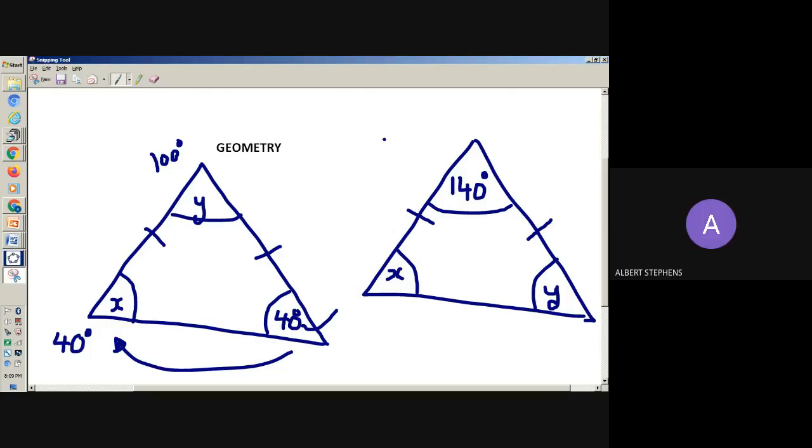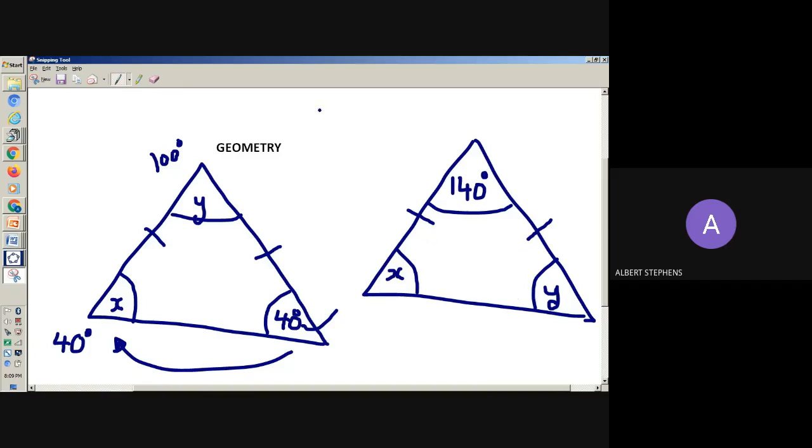Right. Yes. The reason why you divide by 2 is because they tell us it's an isosceles. So what you notice in this triangle is they give one angle and you find the other two. But because it's an isosceles, you know that these two angles have to be equal.